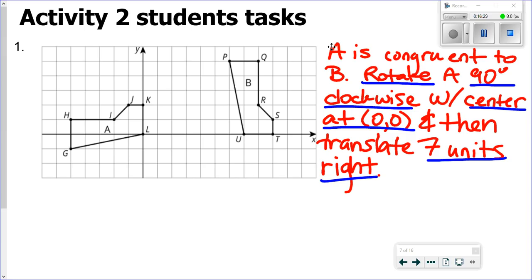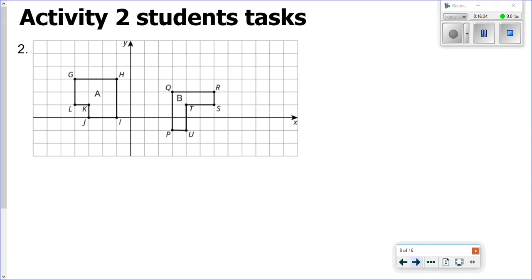At this time, let's go ahead and check the second problem. Is figure A congruent to figure B?